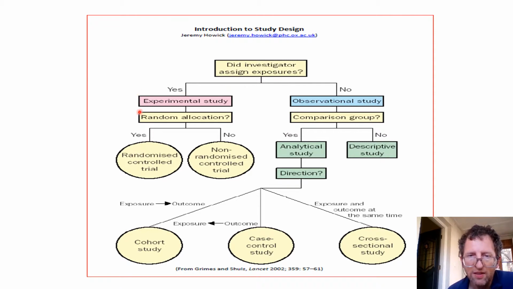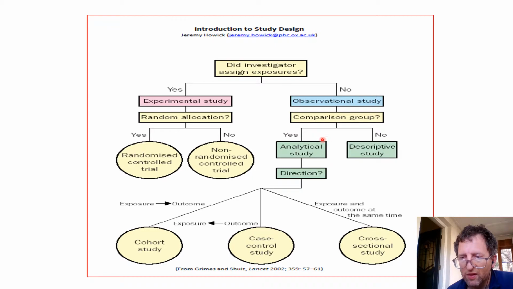And if that's the case, then it's an experimental study. And then you just got to know, were the patients randomly allocated or not? And that helps you work out whether it's a randomized controlled trial or a non-randomized controlled trial, of which there's several. If there wasn't an intervention, then you just want to know, is there a comparison group? So were they comparing one thing with another?